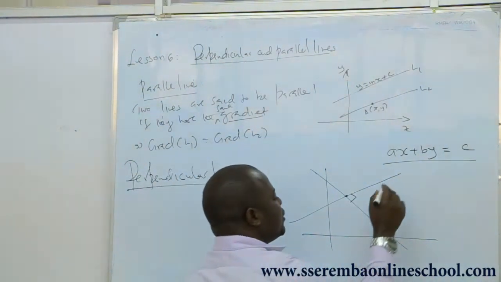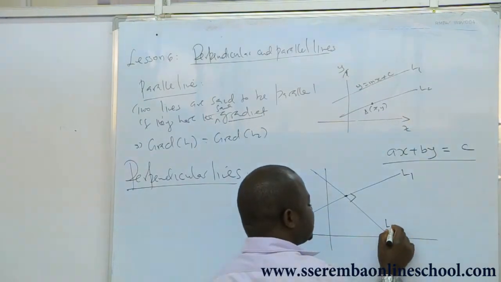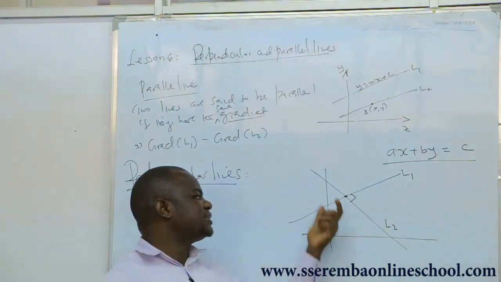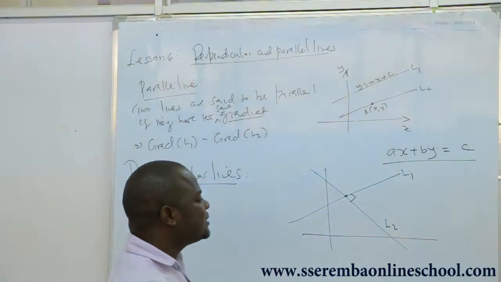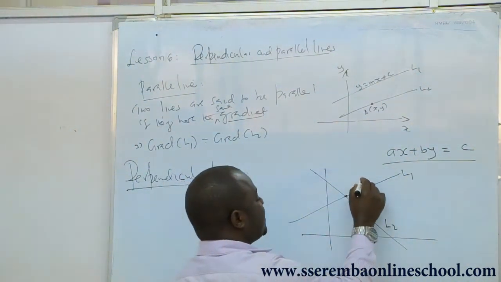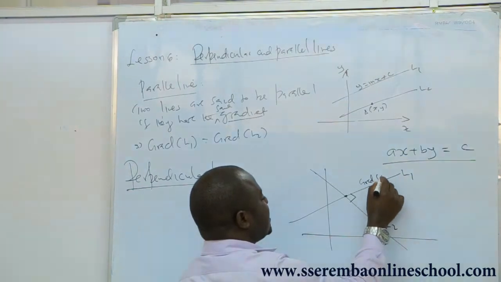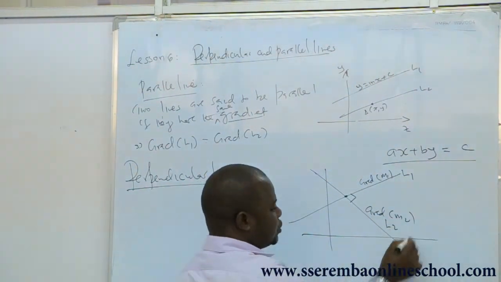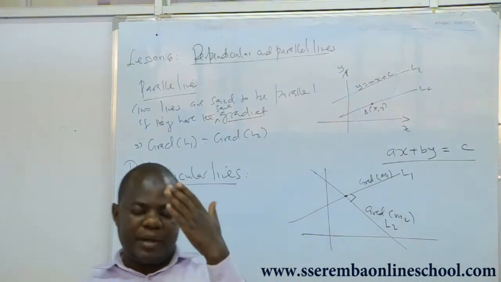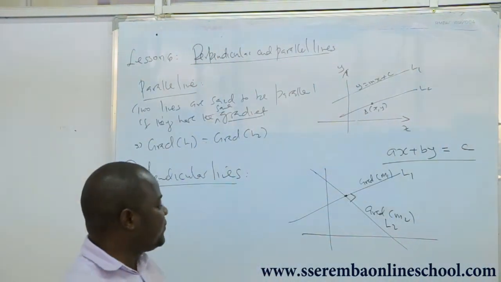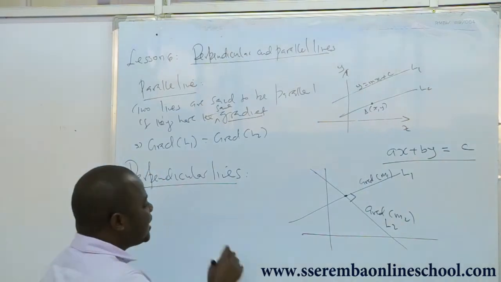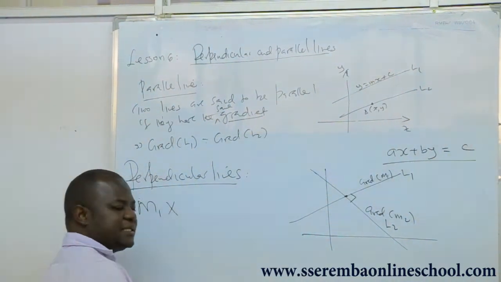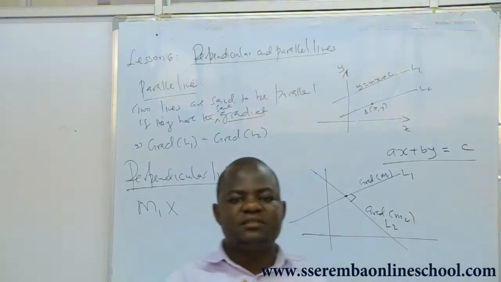Then what do we know? If this line is L1 and this line is L2, each line has its own gradient. So if the gradient of the first line is M1 and the gradient of the second line is M2, then these lines are perpendicular if and only if the product of their gradients is equal to -1.